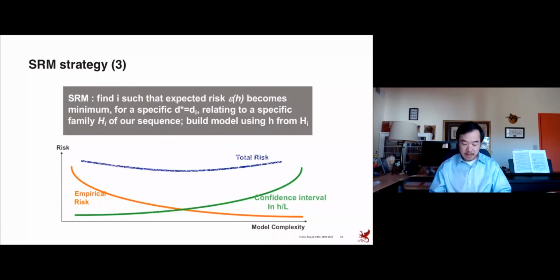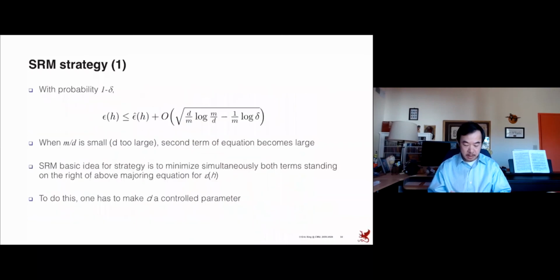Therefore, the best total risk is a sum of these two together, and your sweet spot may be somewhere in the middle, like this, where you choose the hypothesis with the best confidence interval and also minimize the empirical risk. So this technique is known as structured risk minimization.